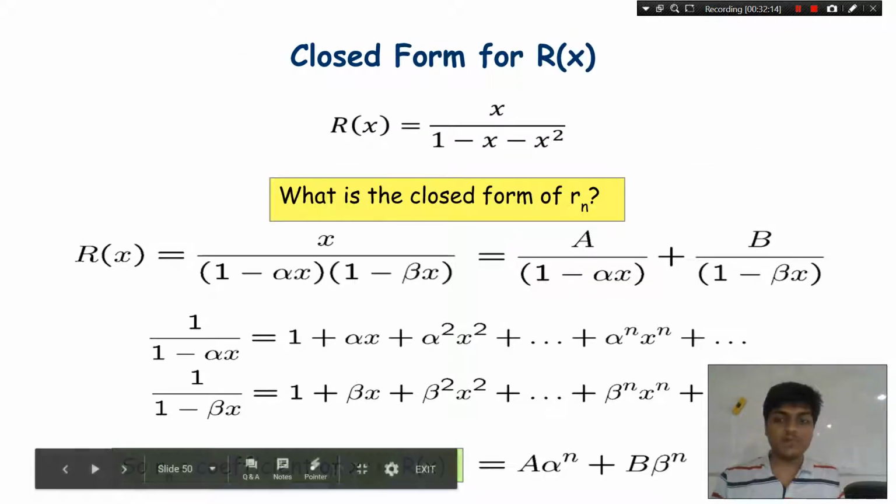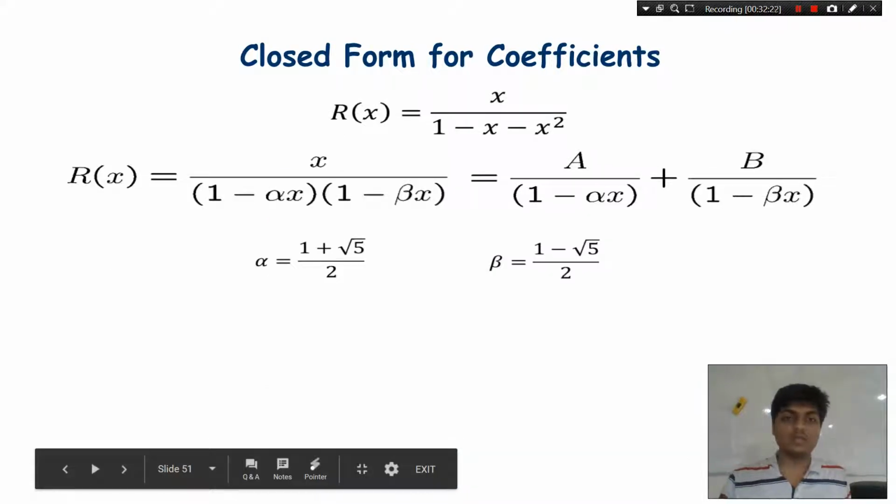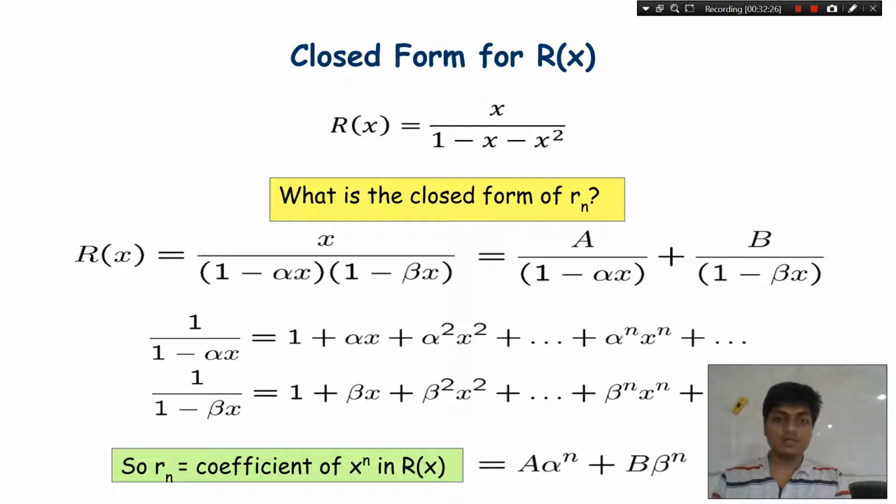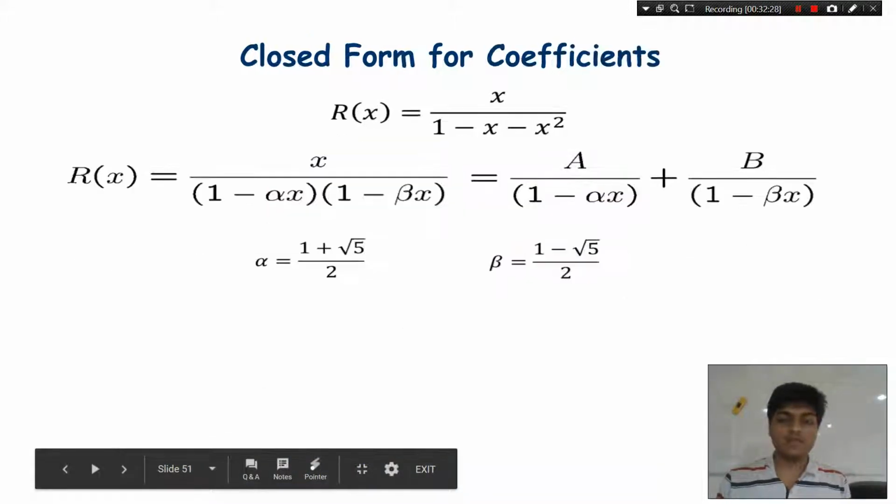So this will be given by A times this thing plus B times this thing. So the coefficient of x to the n will be A times alpha to the n plus B times beta to the n.